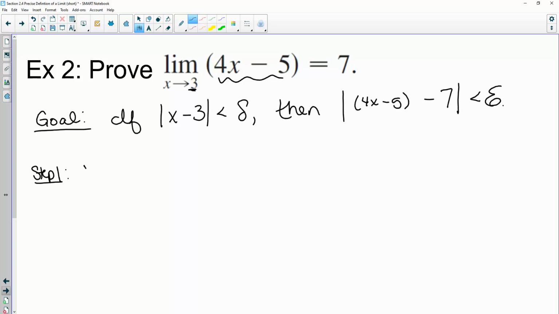So step 1 is kind of just like our scratch work. We are going to find delta. So we're finding a formula for delta. Alright, to do this, we are going to work backwards. So we are going to start with this statement.